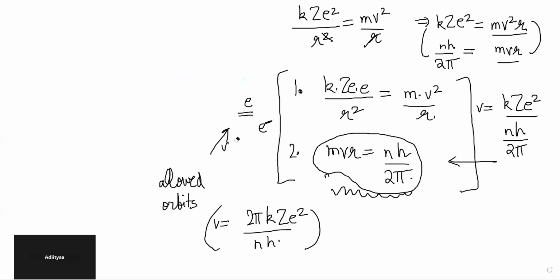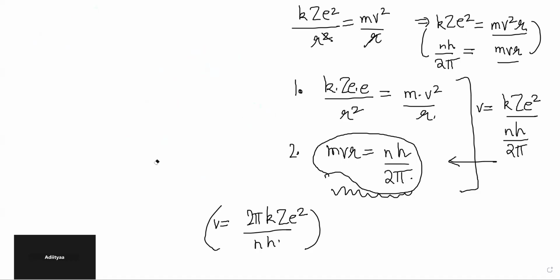Now, if you have found the velocity, the next step is, can you find the radius of the orbit? You now have the velocity, so you can substitute it in the second equation. We can say mvr is equal to nh by 2 pi. Therefore, r is equal to nh by 2 pi mv.